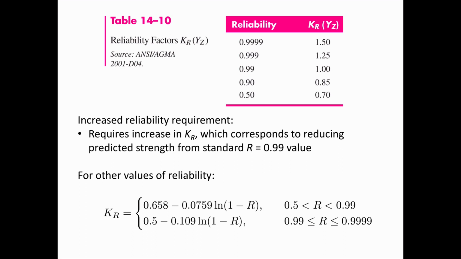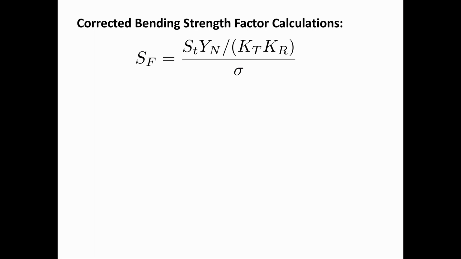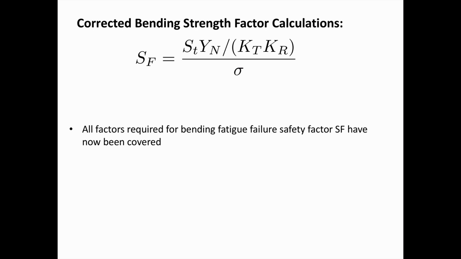So if we have other values for reliability besides the 5 in table 14-10, we can use the following formula for K sub R depending on whether we are above or below 99% reliability. Okay, now we've covered all the factors required for the bending fatigue failure safety factor.